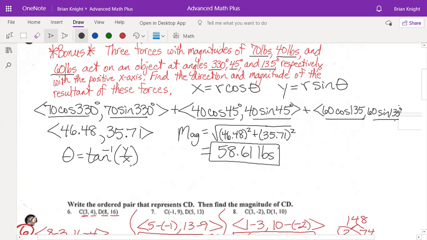U, y over x, it's tangent. So that's going to be the inverse tangent of, what was the y part in mine? 35.71 divided by 46.48. 37.5 degrees.